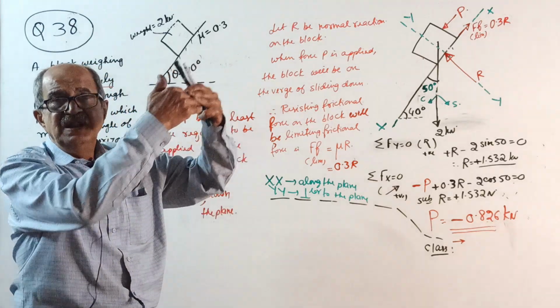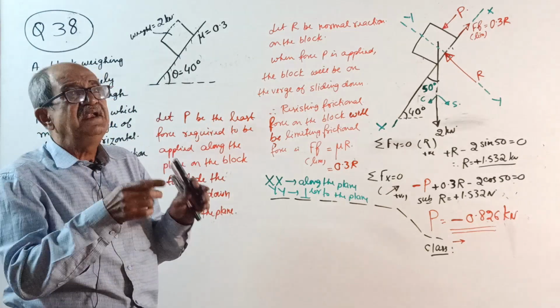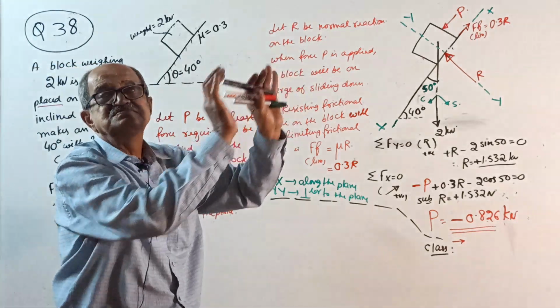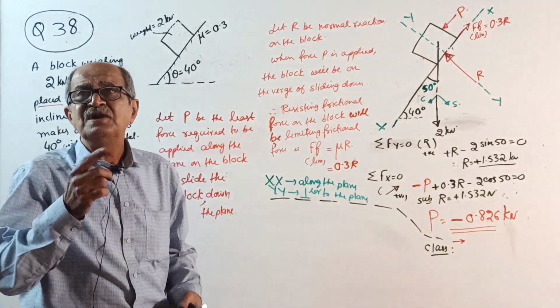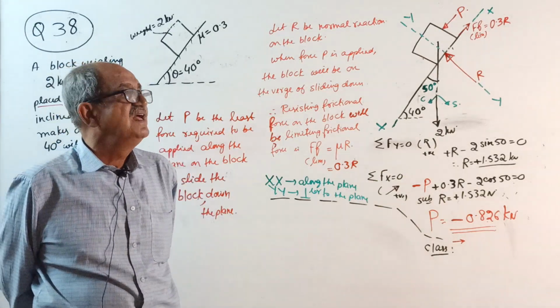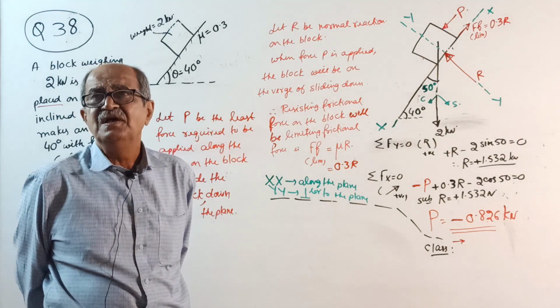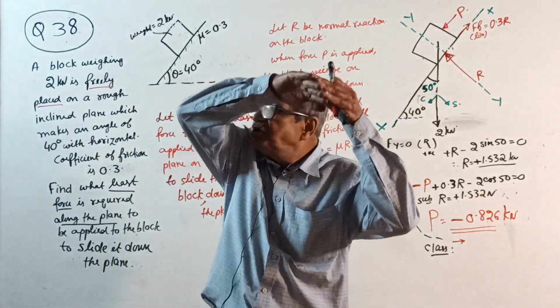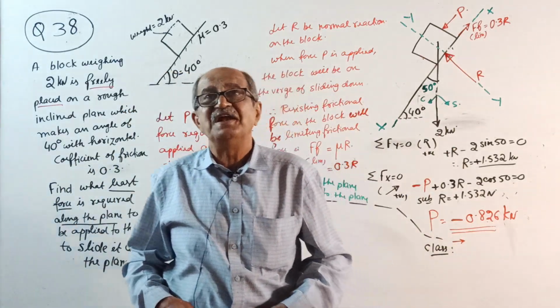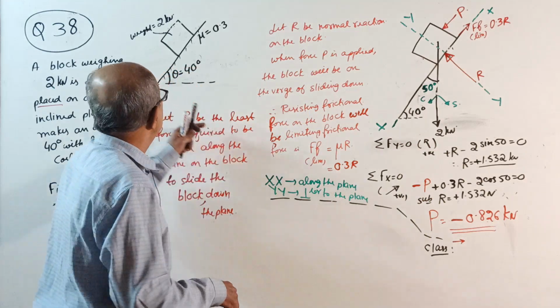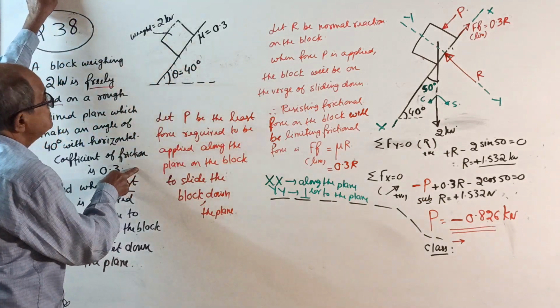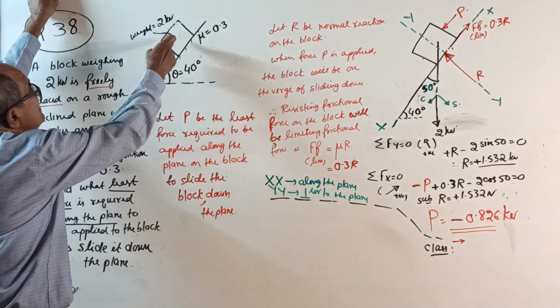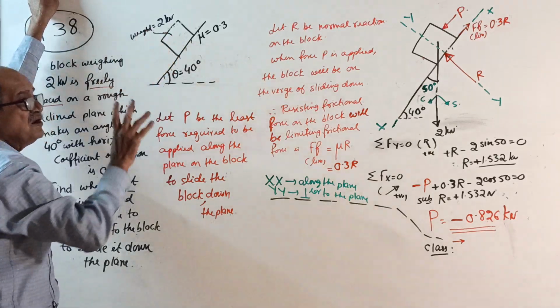If it is sliding down and you want to prevent it, you have to apply force this way. But if it is not sliding, it is stationary, and you want to create a mischief, what do you have to do? You have to go to the other side and push it down the plane if you want to slide it. So this time the person who set the question thought that this will not slide.